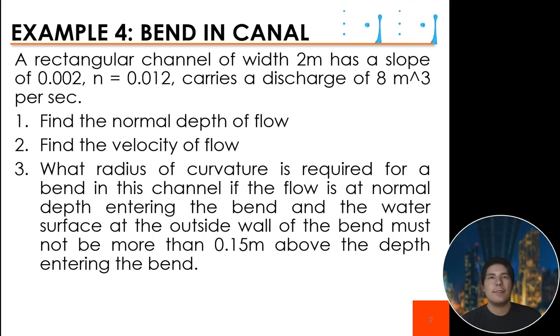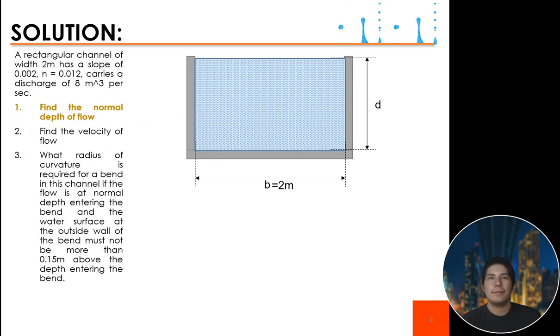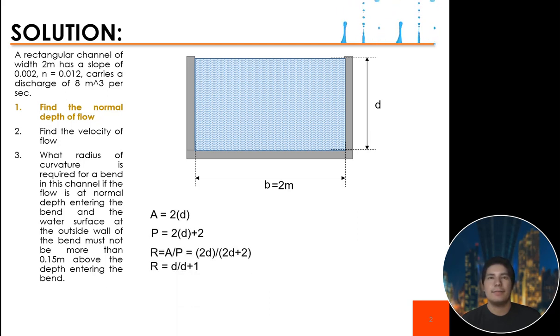So, to solve this one, first, we compute for the normal depth. So, bali yung given, B is 2 meter. Wala tayong depth, no? Pero meron tayong discharge na 8 cubic meter per second. So, bali yung area natin is 2D. Perimeter natin is 2D plus 2. And then, we have this hydraulic radius, which is area over perimeter.